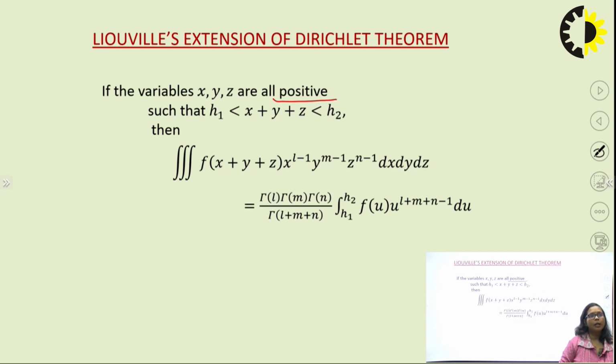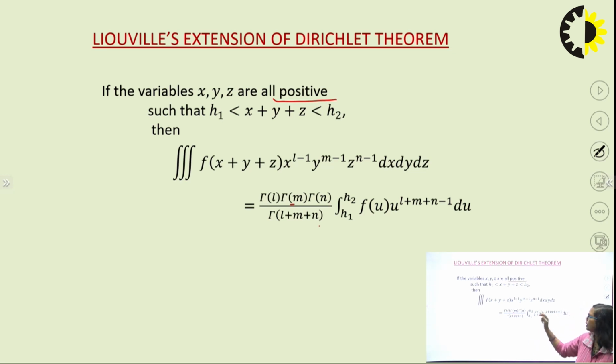Then what does it say? The triple integral of a function of x plus y plus z, x to the power l minus 1, y to the power m minus 1, z to the power n minus 1 dx dy dz is gamma l, gamma m, gamma n upon gamma l plus m plus n. Please note that here we don't write the plus 1 just like in the Dirichlet. Here it is only l plus m plus n.